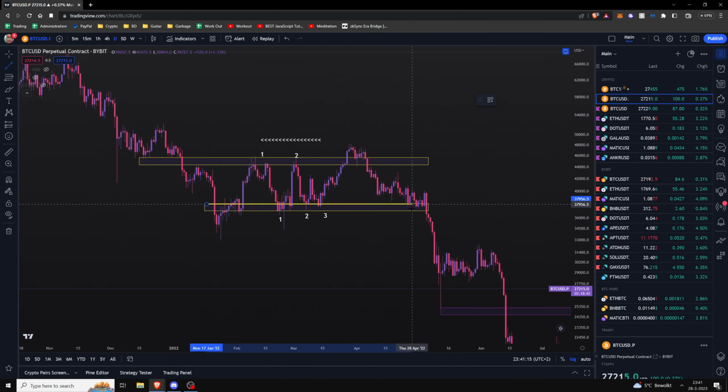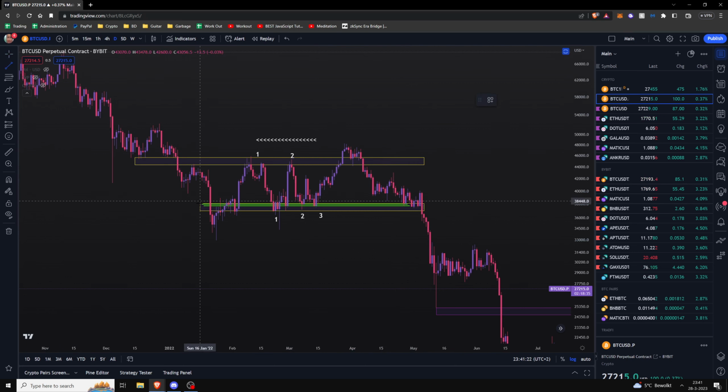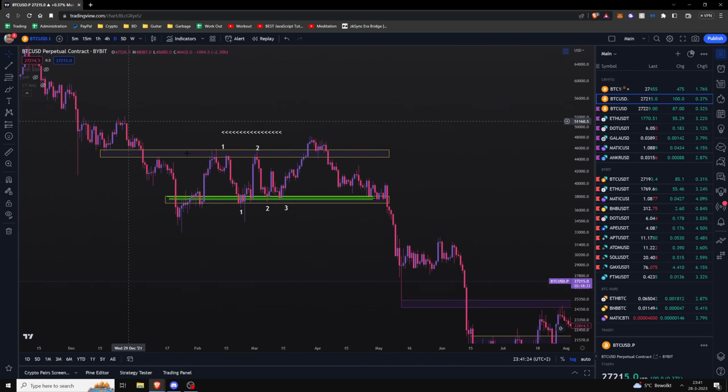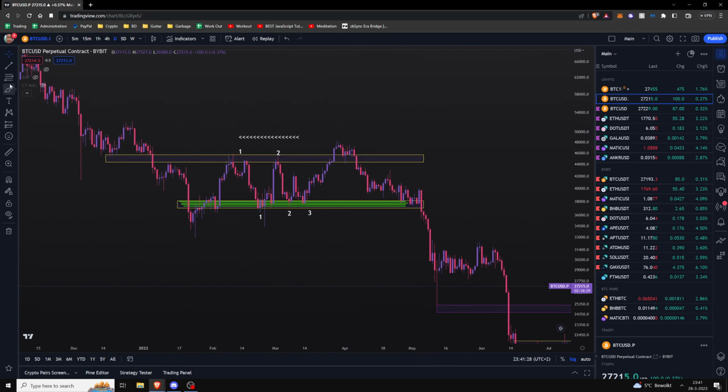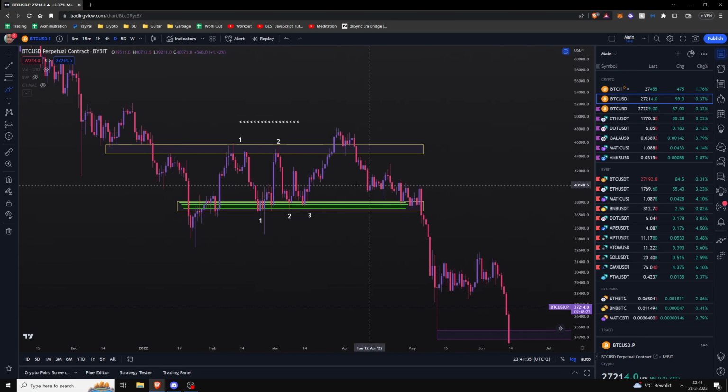People are buying support, and that's why it's a big box. But every single time that price comes down into that box, people are getting their buys in. People's orders are getting filled.